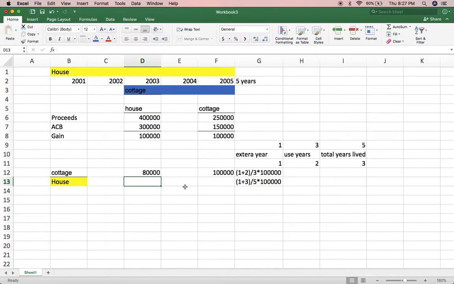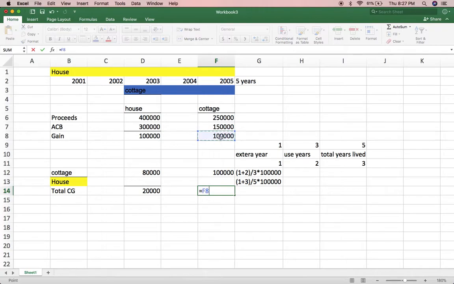So after the exemption, the house gain was 100,000, we're exempted 80,000, so the capital gain is 20,000. For our cottage, our gain was 100,000, our exemption is 100,000, and we get nil.